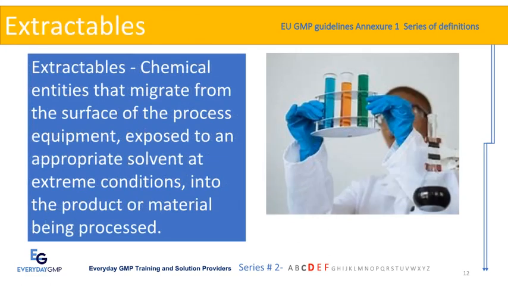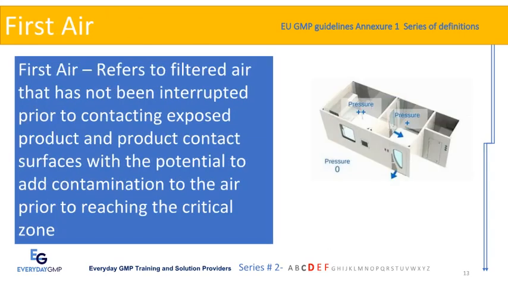Extractables. Chemical entities that migrate from the surface of the process equipment, exposed to an appropriate solvent at extreme conditions, into the product or material being processed. First air. Refers to filtered air that has not been interrupted prior to contacting exposed product and product contact surfaces with the potential to add contamination to the air prior to reaching the critical zone.